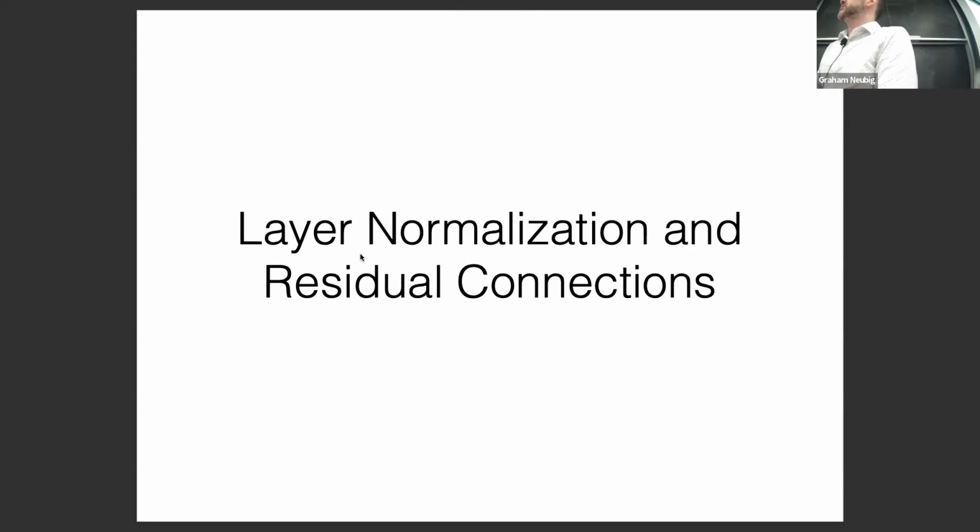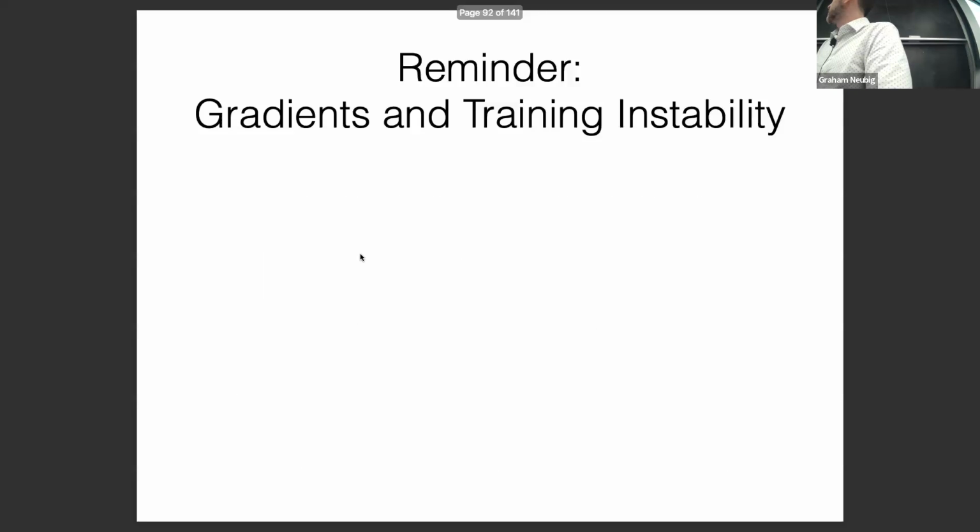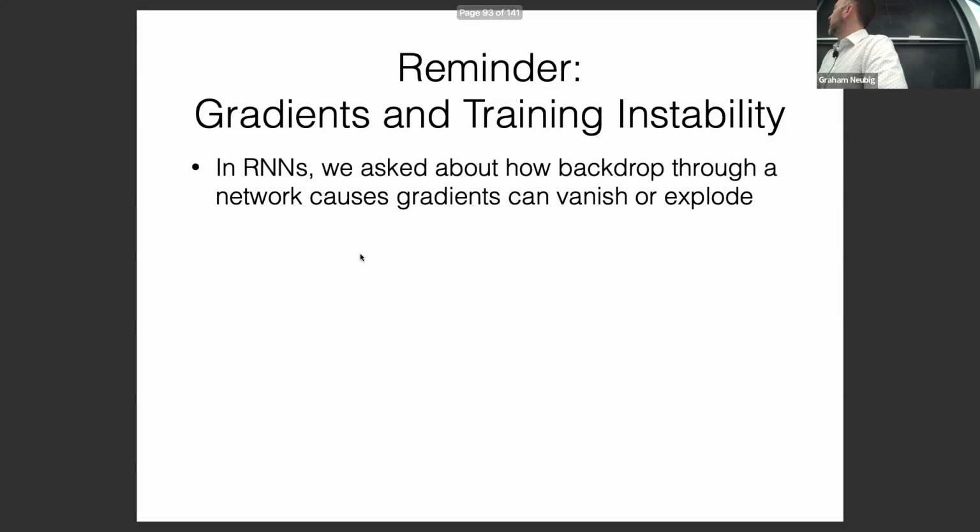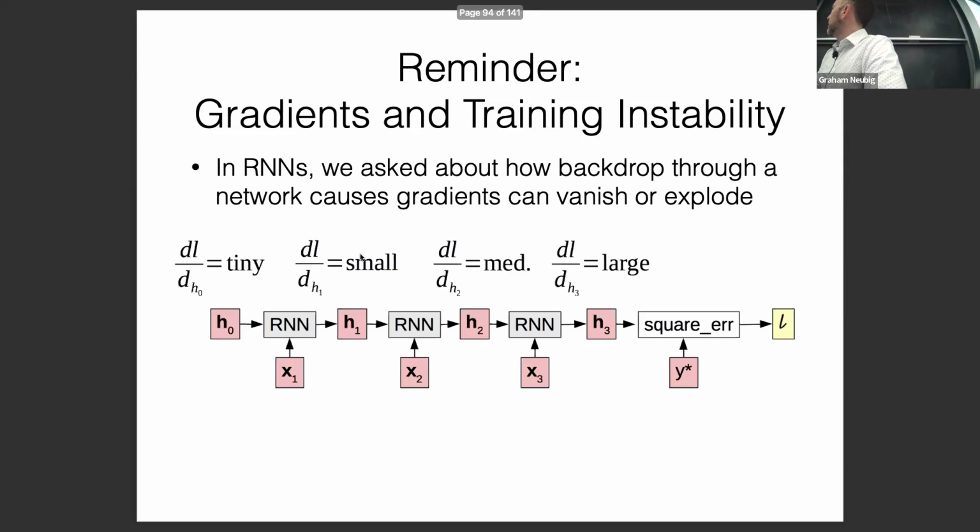Layer normalization and residual connections are important for stabilizing training in transformers. I talked before about RNNs with gradients and training instability. In RNNs, we talked about how backprop can reduce the gradients.